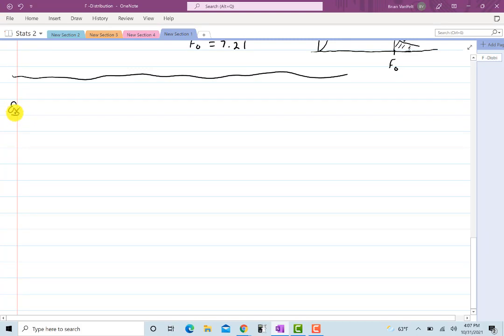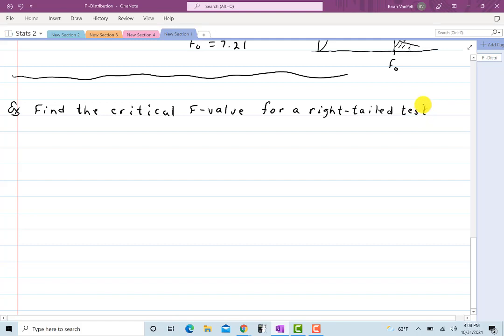Let's do another example. Find the critical F value for a right-tailed test with alpha equals 0.025.